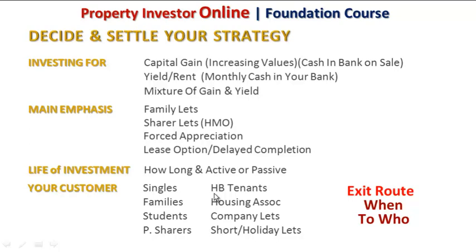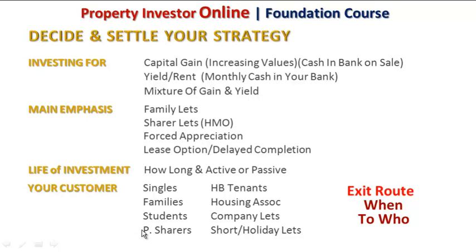A housing association would like it, and a company might, depending on location. On the other hand, buy a 4, 5, 6-bedroom property close to a university, and again, singles aren't going to be interested, neither are families, but your students certainly will. So you need to decide who your customer is and buy properties that are suitable for your customer base.